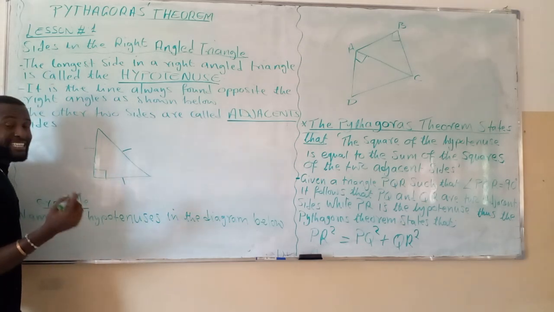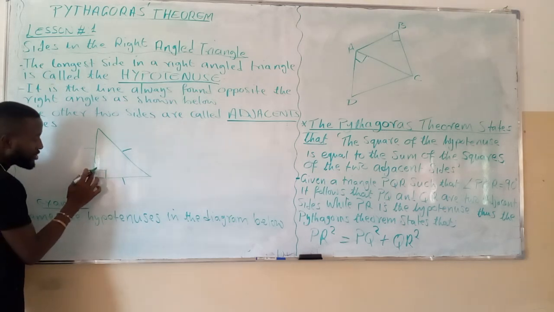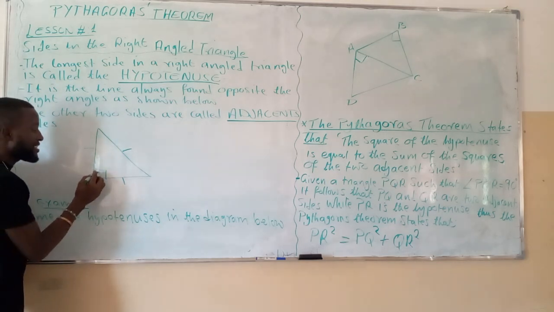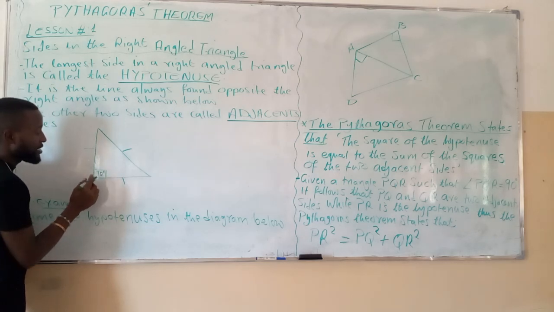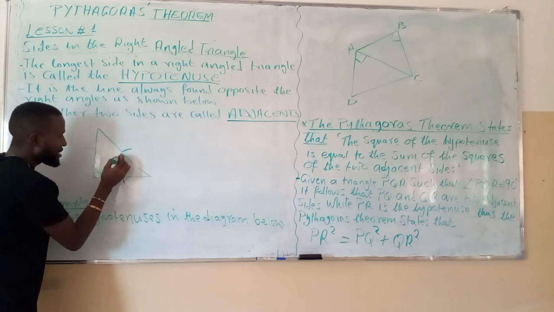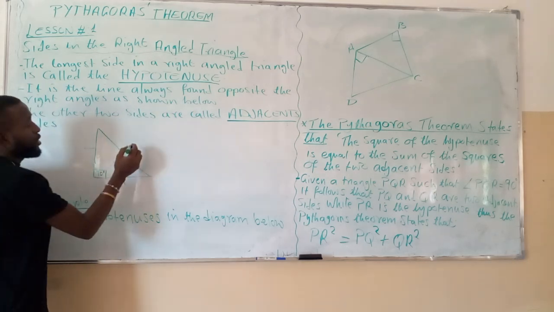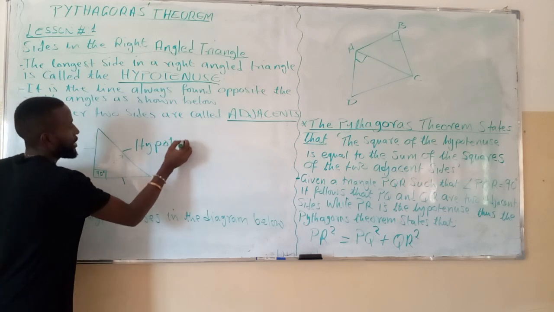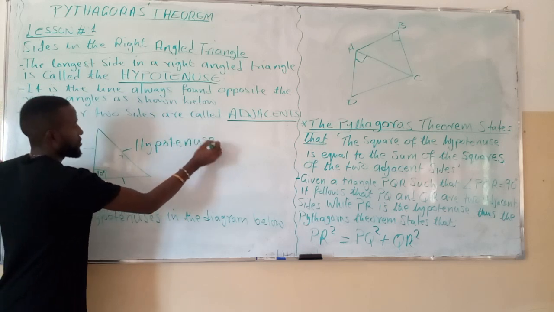How do I know that this is a right angle triangle? When you see this symbol here, it represents 90 degrees, and this is a right angle triangle. So every side opposite this angle is what we call the hypotenuse.